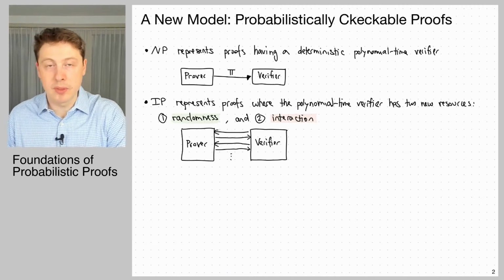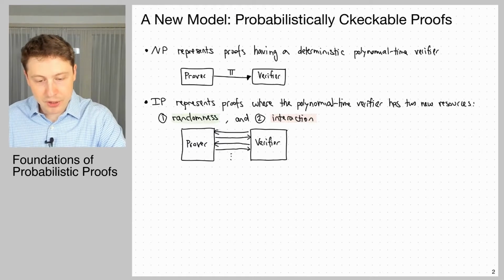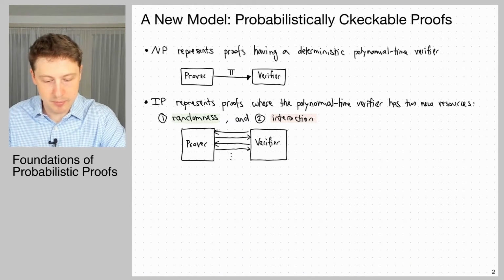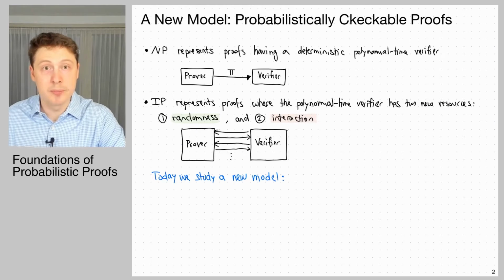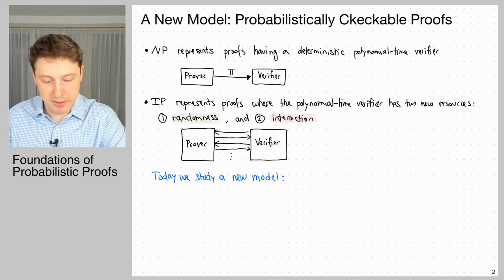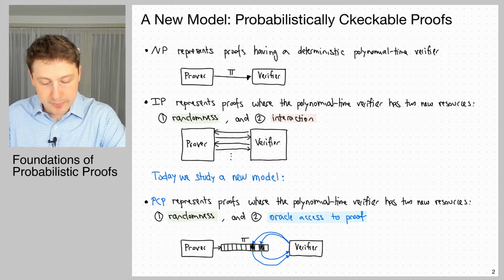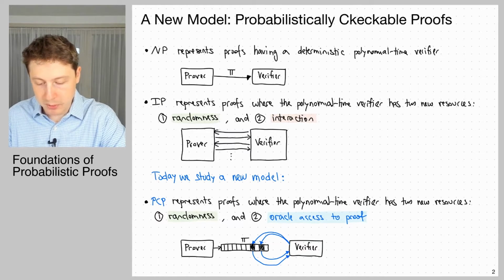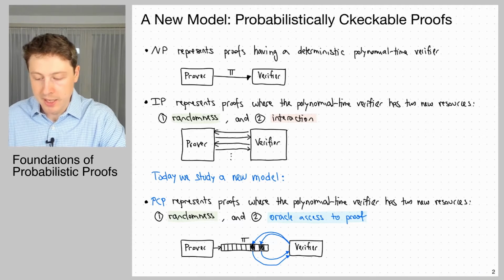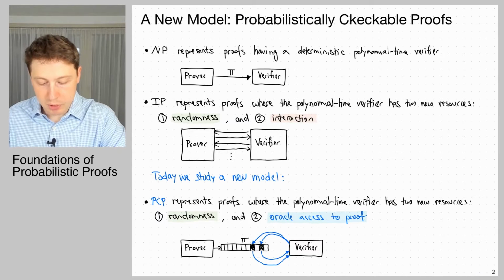In the next few lectures, we'll be studying a new model, which is in some sense incomparable. Here's the picture. Now we'll be considering proofs where the polynomial time verifier has 2 new resources over the classical setting.